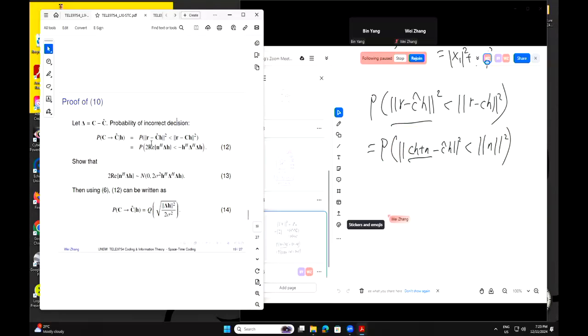Next, we further simplify. This is the probability of a loss detection.